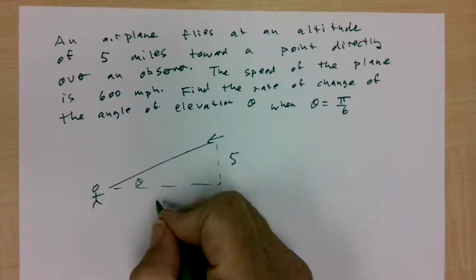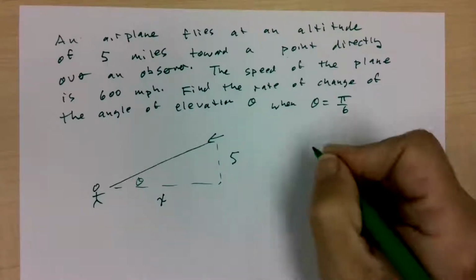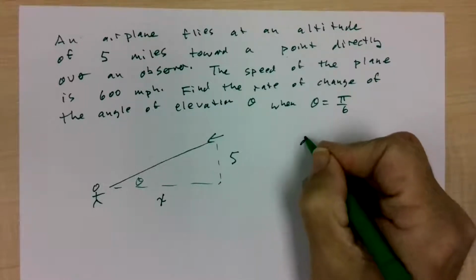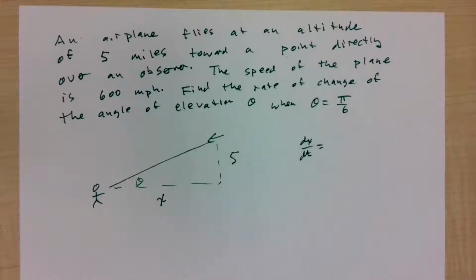If I call this x, x is getting smaller, x is shrinking. So dx/dt is actually negative 600 miles per hour, and that's constant.